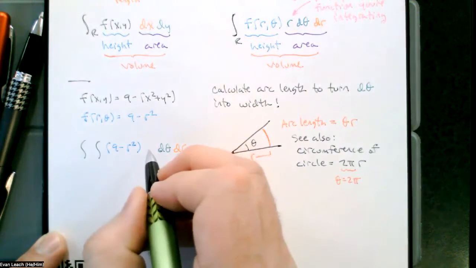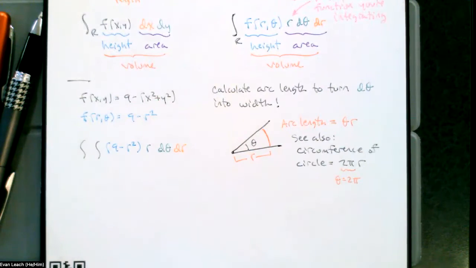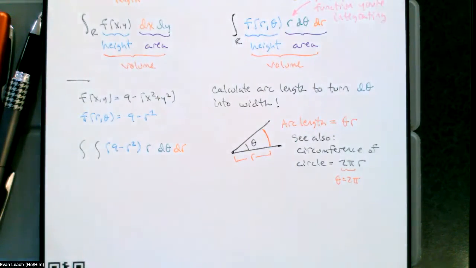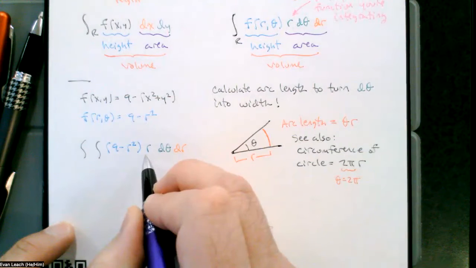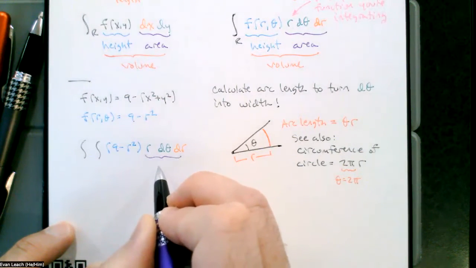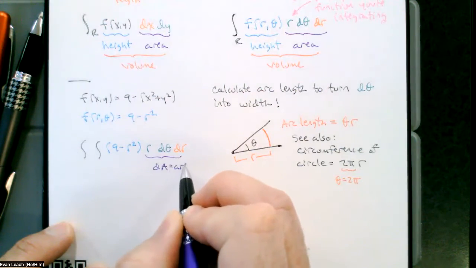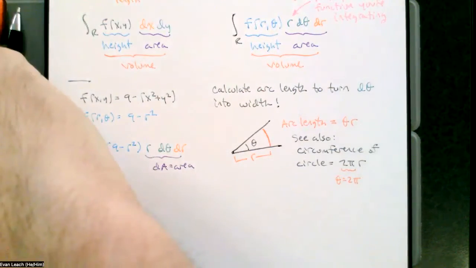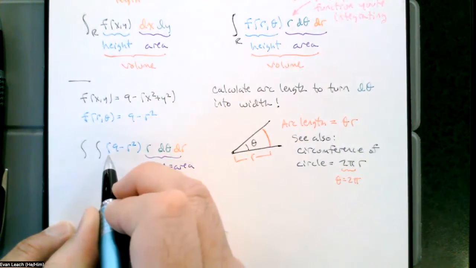We need this extra factor of r to be part of the d theta so that our dA is an area. So these three pieces are the area. And this function is still our height.